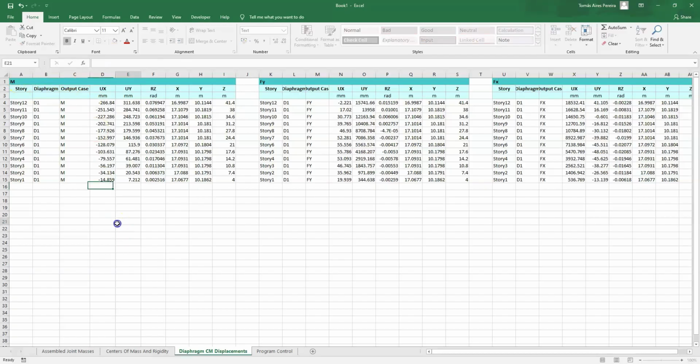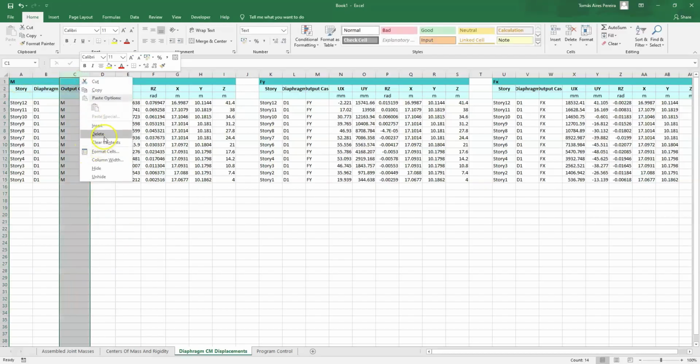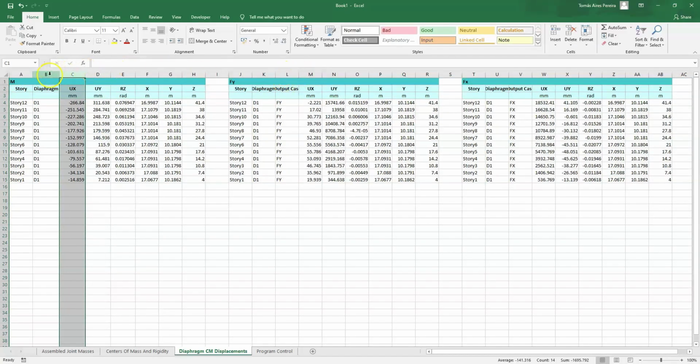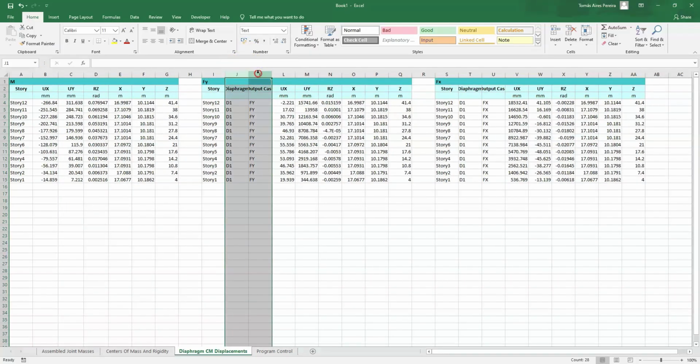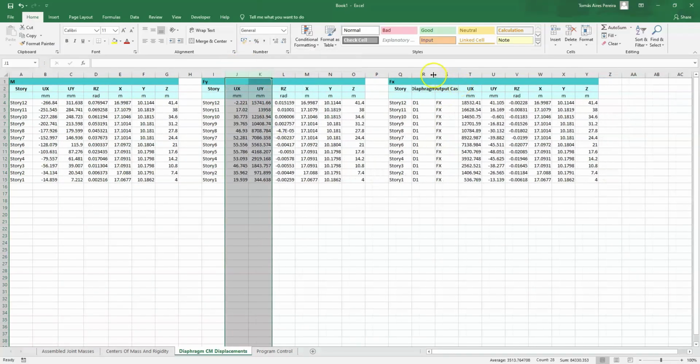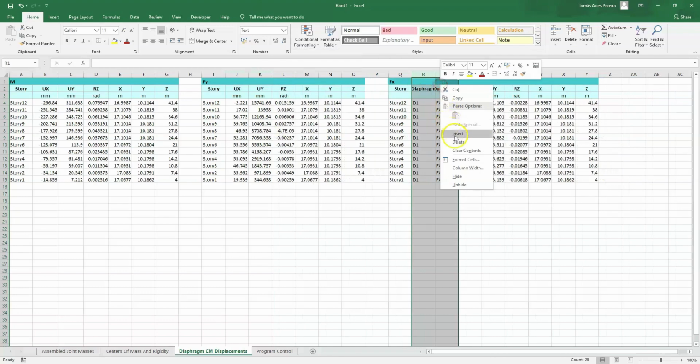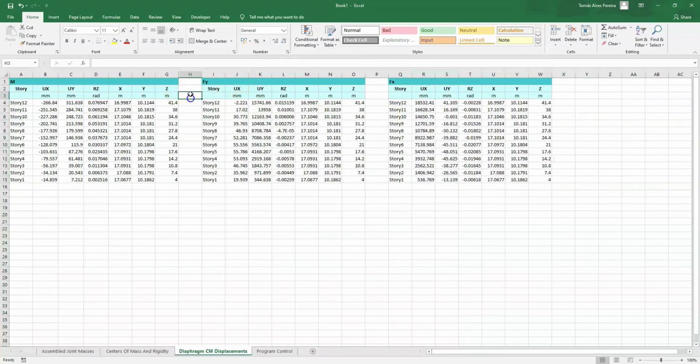We will begin defining the formulas we need to apply to calculate the values we want. We will also remove some unnecessary columns here as well. Alright, now it is easier. We are going to add some additional data, some additional columns. For example, the torsional stiffness is the first one we want to calculate.